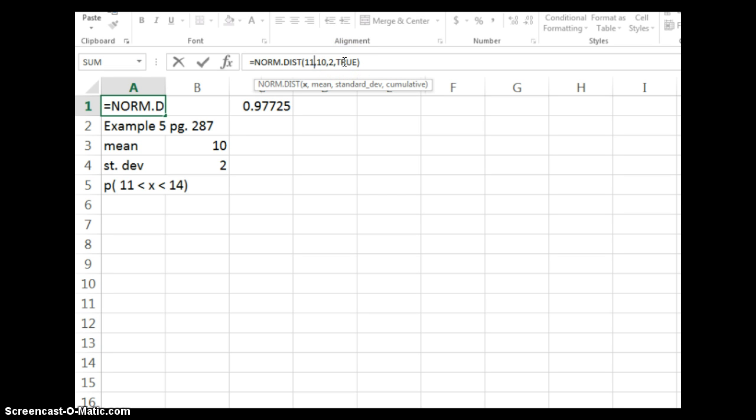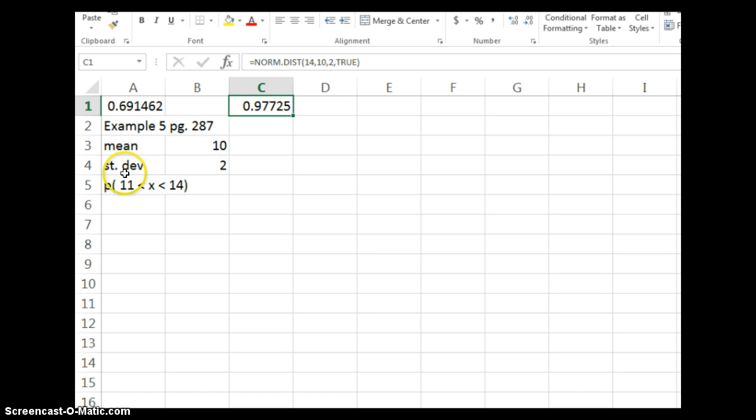True gives you the probability that x is any value from 11 on down, so cumulative is from 11 on down to 0. And then for 14, you type in 14, 10 for the mean, 2 for standard deviation, and again true. So this is the probability that x is any number from 14 on down to 0.